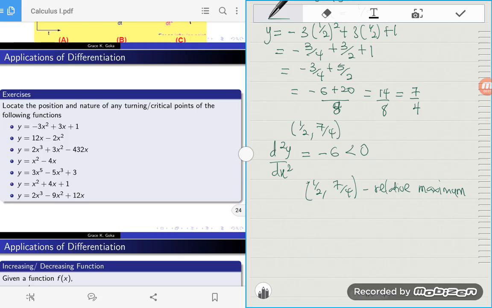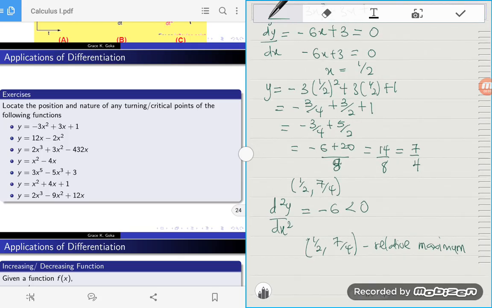Alright, so let's look at what we found. We were given a curve, and we want to know the point in our curve where the curve changes direction. So of course it's going to be a wavy curve. So if we want to know all the points at which the curve changes direction, which is the critical point or the turning point, then we know that at the turning point the first derivative is equal to 0, because there's no change in y and there's no change in x.